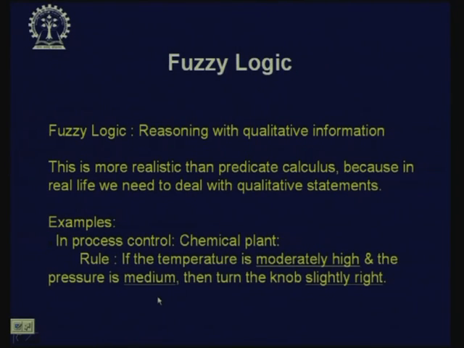So, now we say that fuzzy logic deals with qualitative information, the information that is qualitative. We do not always have quantitative figures to deal with. This is more realistic than predicate calculus, because in real life we need to deal with qualitative statements.